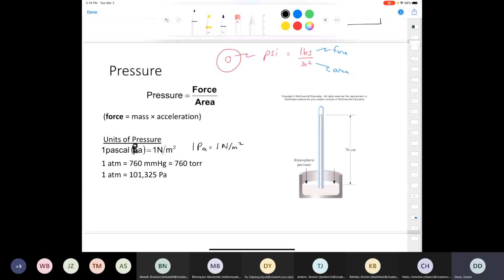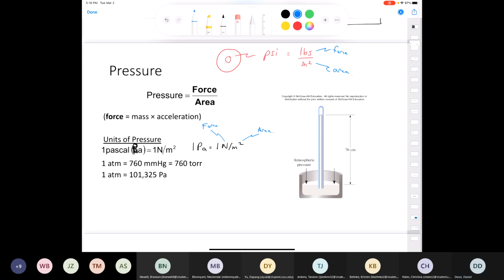Now, if you read the textbook, it's got a more elaborate treatment of this, and it talks about the Pascal and things like that. But you can see that the Pascal is a unit of force, a Newton per meter squared, right? We have our force, which is our Newton, and we have our area here. So the Pascal is pretty intuitive.